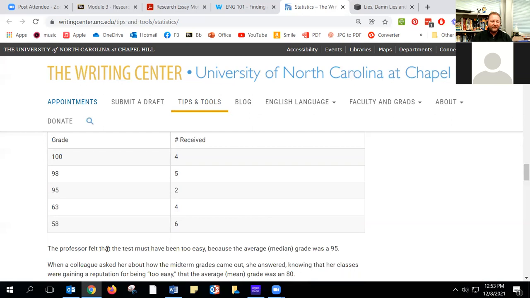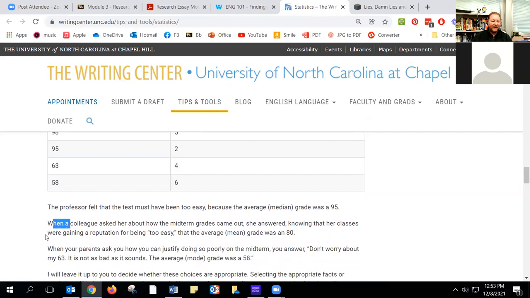So then the professor felt that the test must have been too easy because the average median grade was 95, right? If these are all the grades in the class, this is the one in the middle. It's the median grade. 2 numbers higher, 2 numbers lower. This is the median grade, 95, right?